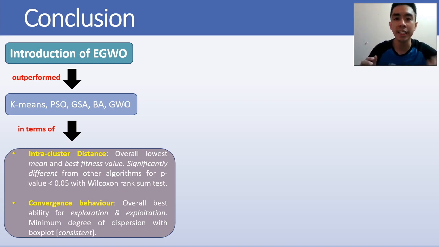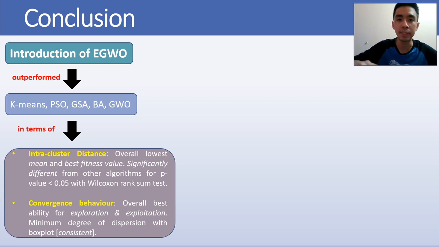Reiterating the objective shared by Kang, we introduced EGWO and compared it with 5 different clustering algorithms. For intra-cluster distance, EGWO had the lowest mean and best fitness value. EGWO was significantly different from other algorithms based on the Wilcoxon rank sum test.